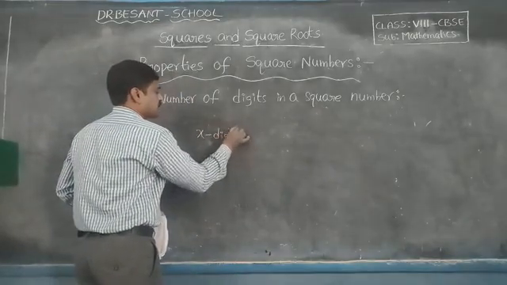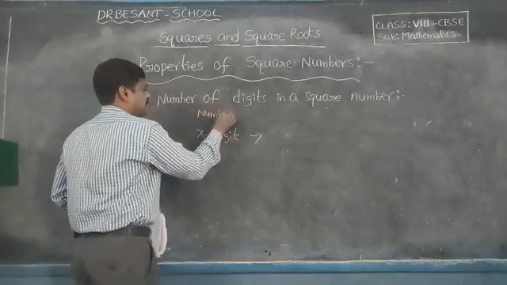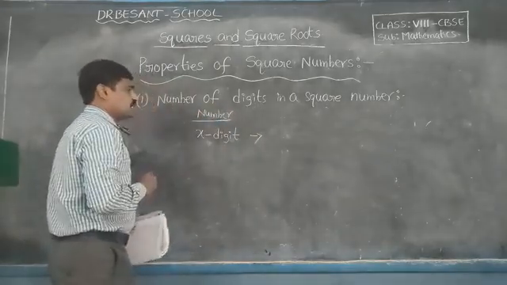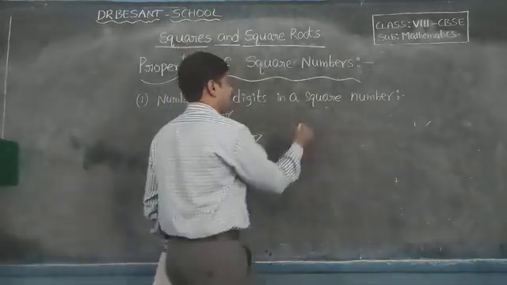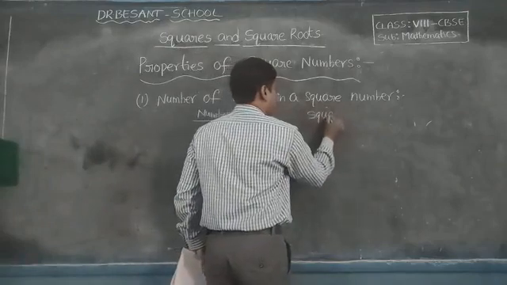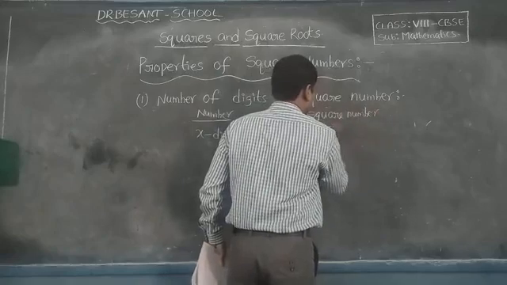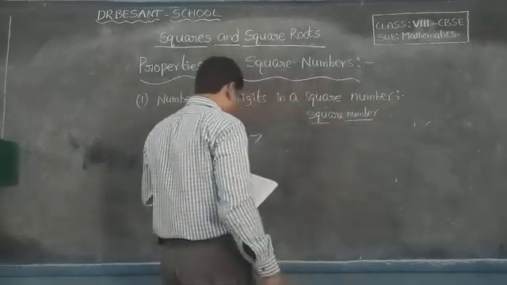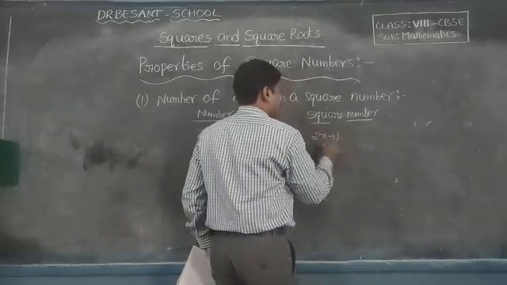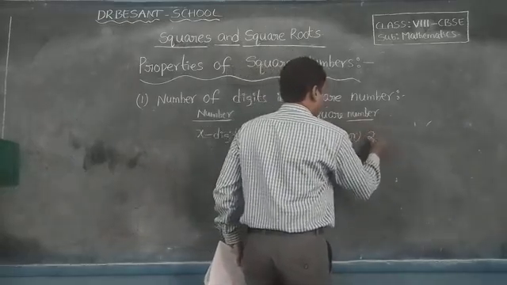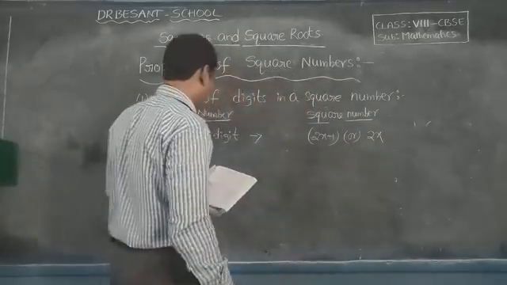Suppose a number having x digits, then the square number having 2x minus 1 or 2x digits.